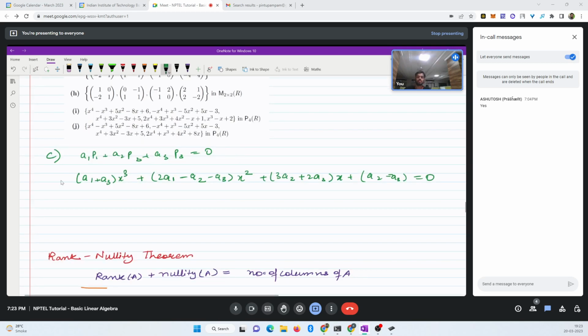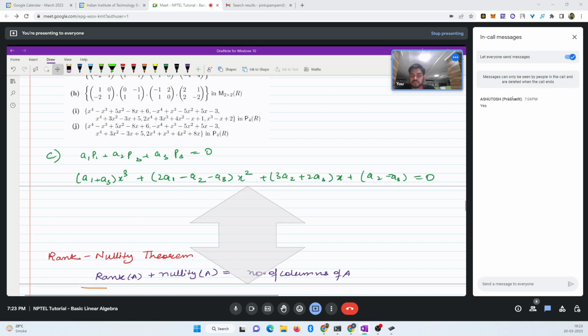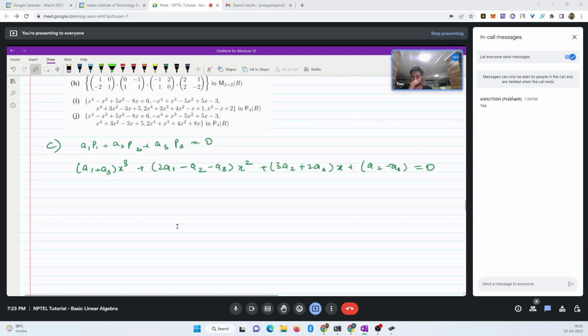Now for a polynomial to be 0, the coefficient of every degree must be equal to 0, right? If we start from the last, it gives us a2 minus a3 equal to 0, that means a2 equals a3.